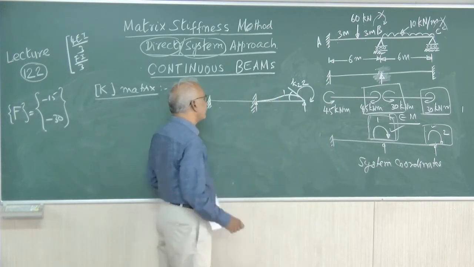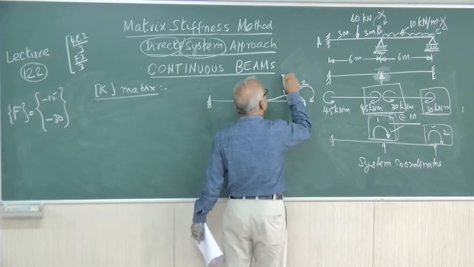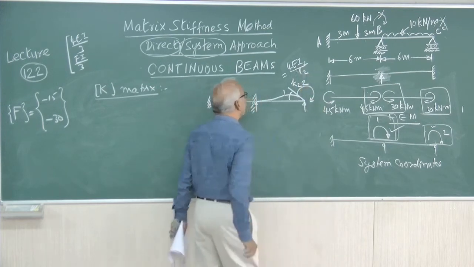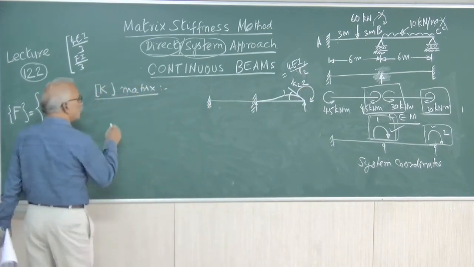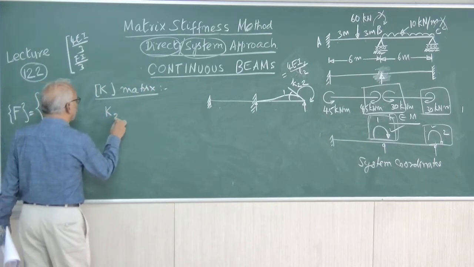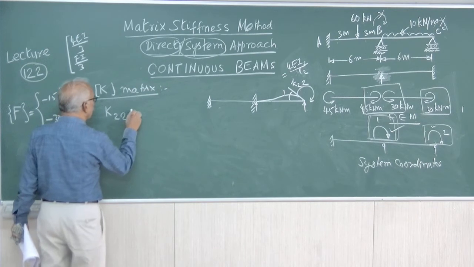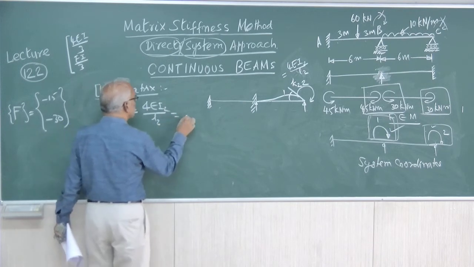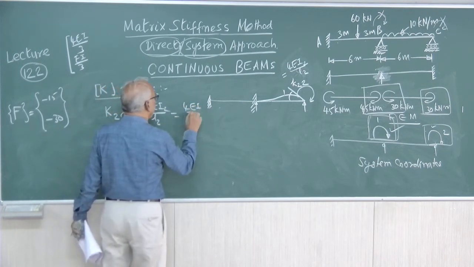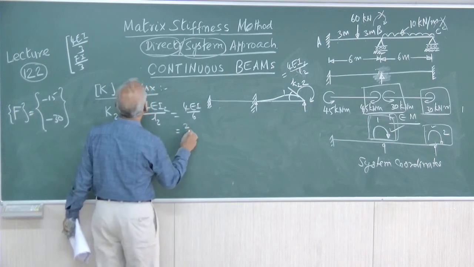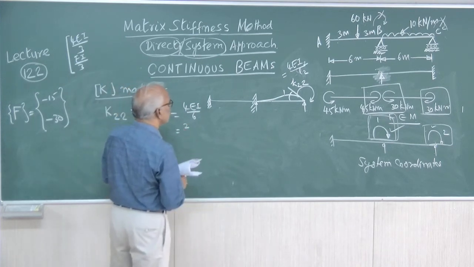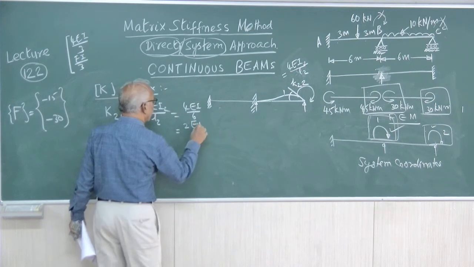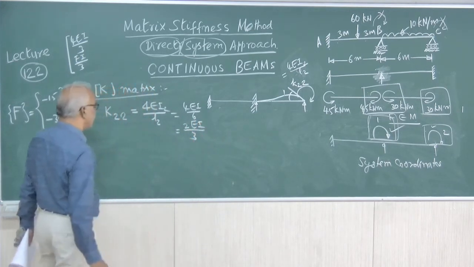This value will be equal to 4EI2 by L2. Therefore K22 equal to 4EI by 6 equal to 2EI by 3. That is the value K22.